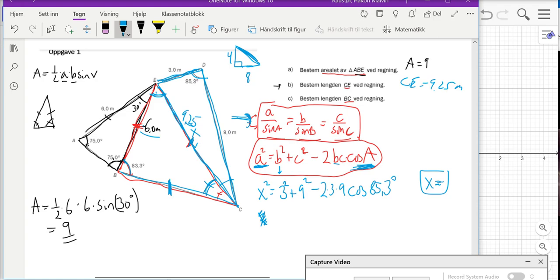So I want to find this angle here, angle C. So I write sine C divided by the opposite side equals sine of some other angle, 83.3, divided by the opposite side, which is 9.25, right? So remember this one we can turn around like this: sine B divided by B and sine C divided by C, it says here.